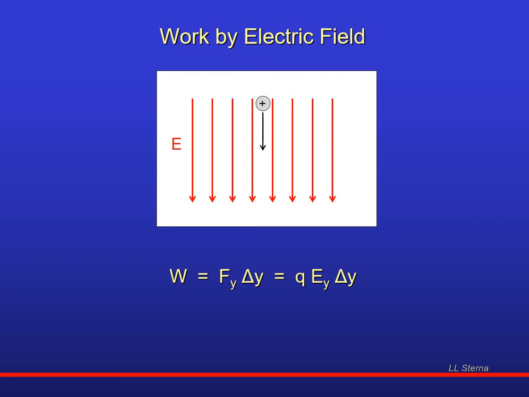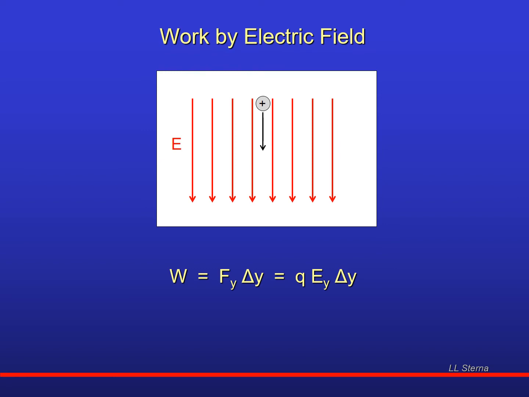The work, we say force times displacement. The key thing you have to keep track of in calculating work: to do work, there must be a displacement. The object has to move. And the force that moves it must be in the direction of the motion. So this downward direction I'm going to call Y, the Y direction.